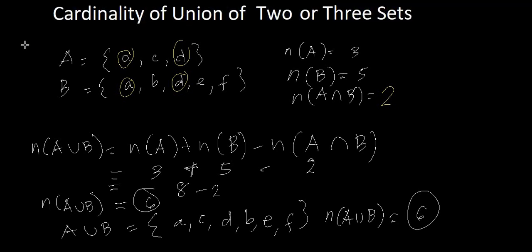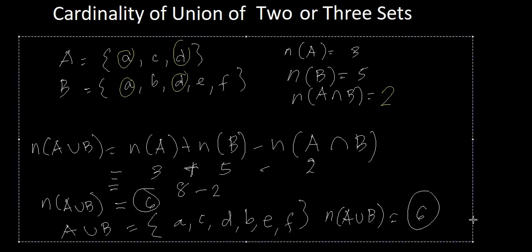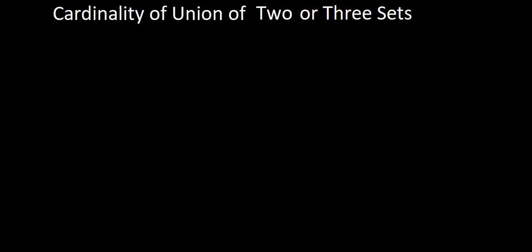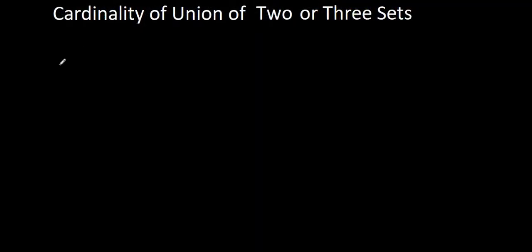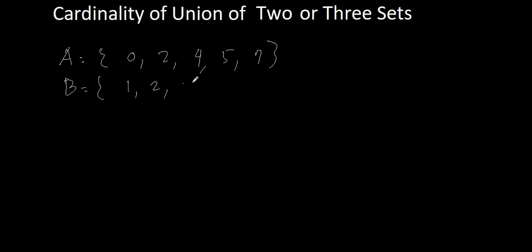Okay, let's erase everything here first. Okay, suppose we have set A containing the elements 0, 2, 4, 5, 7. Set B containing the elements 1, 2, 3, 4, 6, 8, and 9.